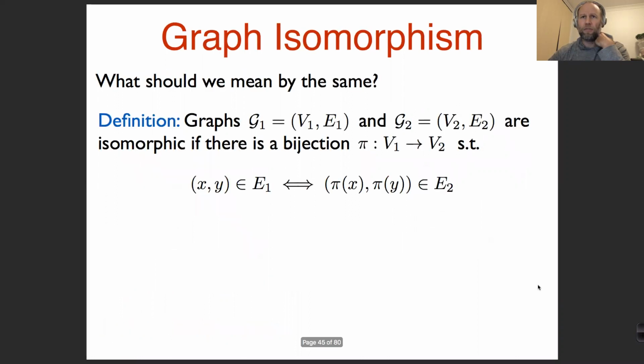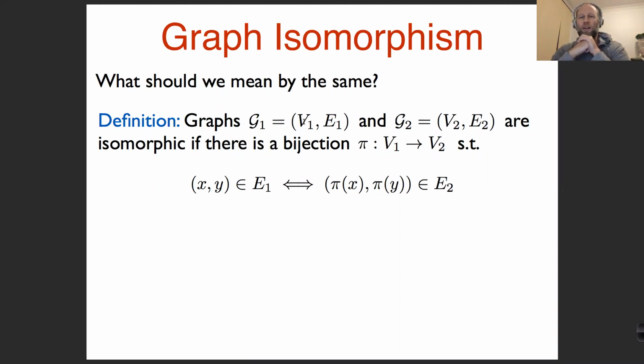One way we can formalize that is to say that two graphs are isomorphic if there is a bijection between their vertex sets. So now we have two graphs, G1 and G2, and we want a bijection between their vertex sets. That's just a one-to-one and onto mapping between the vertex sets. It basically just identifies a vertex in G1 with a vertex in G2.